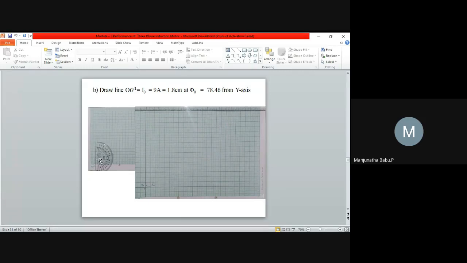Keep the protractor like this and mark the angle 78.46. You can see the dot somewhere here. I have marked one dot here near the protractor. After marking that, extend the line, as you can see in the second graph. Extend this line, which is of 1.8 centimeters, and mark the point as OO dash.